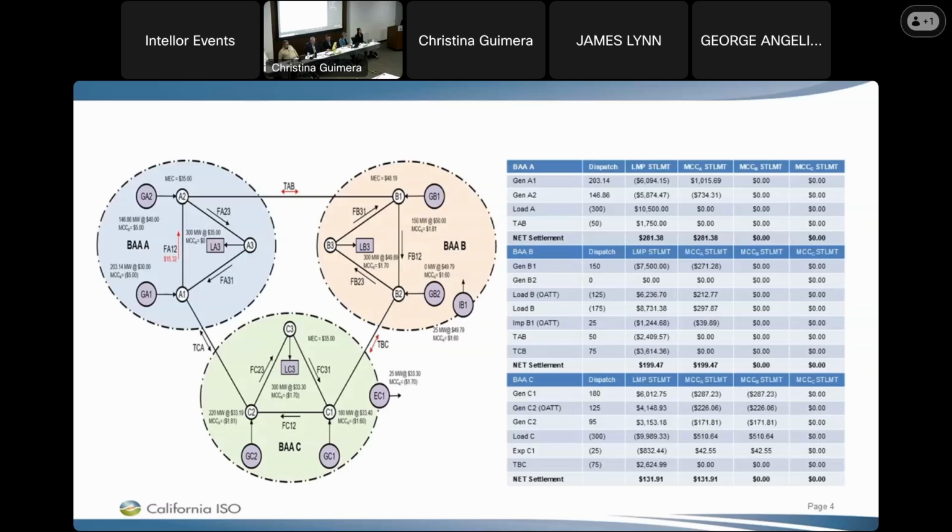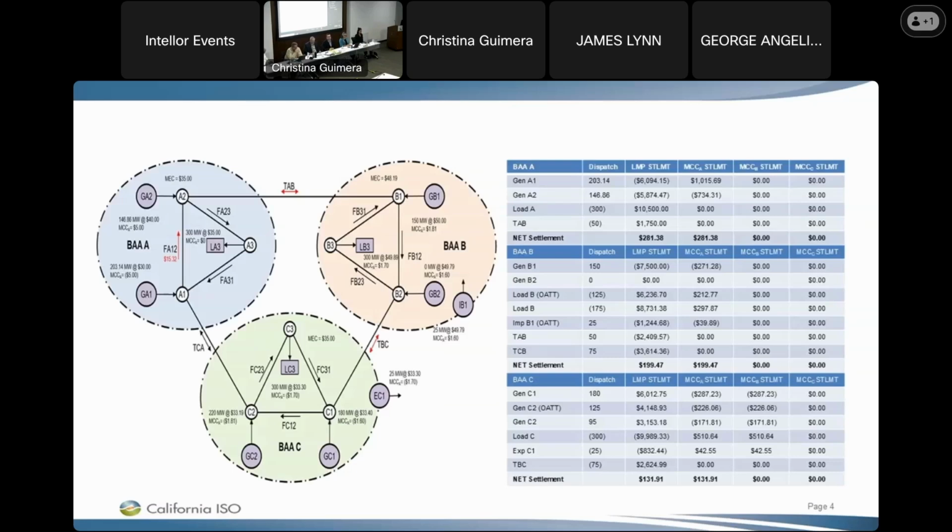Load had an additional 175 megawatts of load served by, 150 of it was generator B. The rest of it was coming from transfers from BAA, and so it was charged $8,731.38 with a congestion exposure of $297.87.